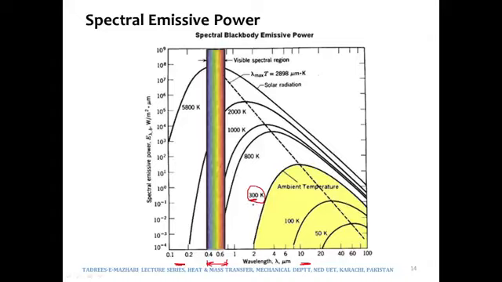So if there is a body at a lower temperature of, let's say, 27 degrees Celsius, 30, 40 or 20 degrees Celsius, it would be emitting, because emission is related to the temperature of the body, all the radiation in the infrared band or in the longer wavelength band region.